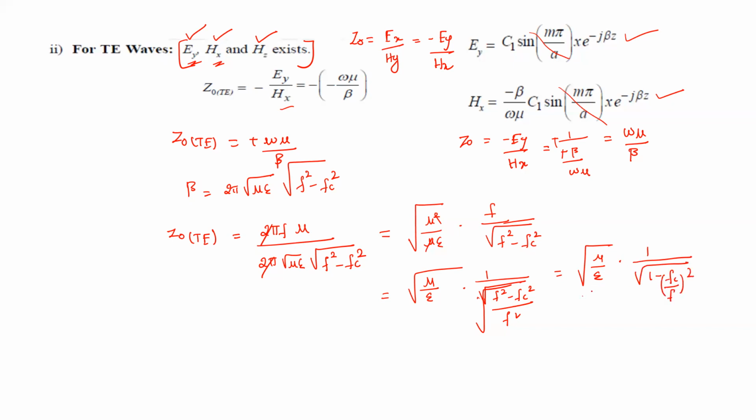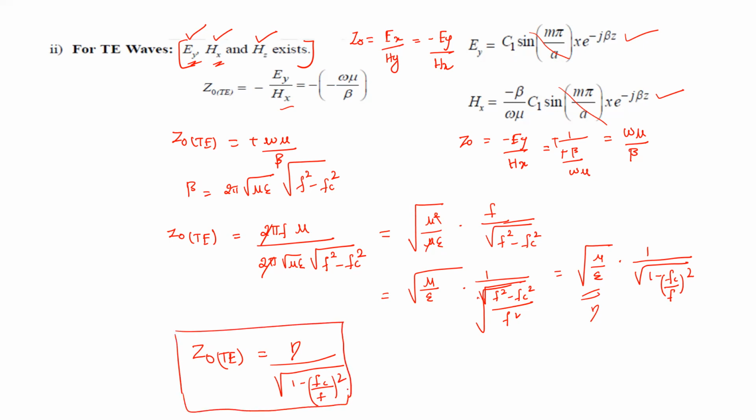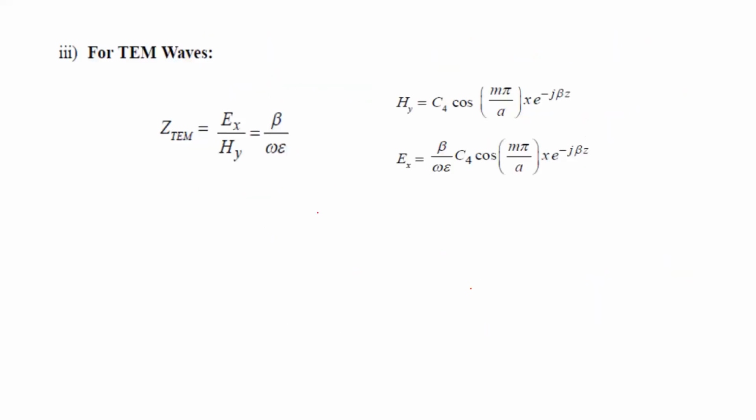As usual, this term, root of mu by epsilon, is nothing but eta. So the equation for characteristic wave impedance of TE wave can be written finally as eta divided by root of 1 minus fc by f the whole square. This is the final equation. Clear?